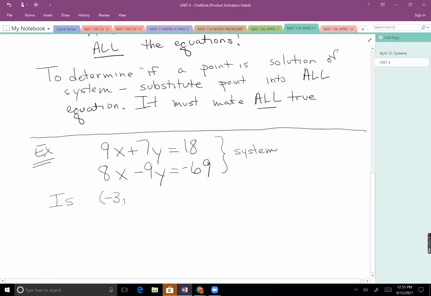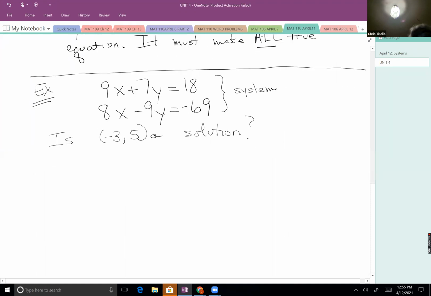Okay. So we've got the system. Is negative 3, 5 a solution? To answer that question, we have to check in each equation. If my point is negative 3, 5, I'll check x equals negative 3 and y equals 5.